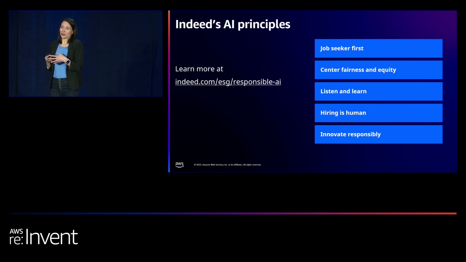Hiring is human is a really important one. So AI aids so many parts of the job seeking and matching process already, but both job seekers and employers both really share this belief that a human should be in the loop and that a human should be making the final decision. And then lastly, we innovate responsibly, which is why I have a job.